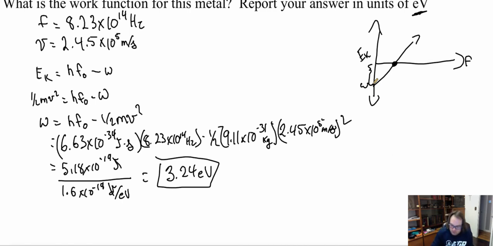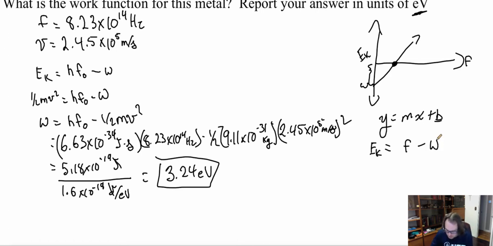Now, if I was to make an equation from math 10 or 20 for this, we would get y is equal to mx plus b. So my y is my EK, is equal to, well, my x value is my frequency, and my y-intercept, which is b, is going to be minus my work function.